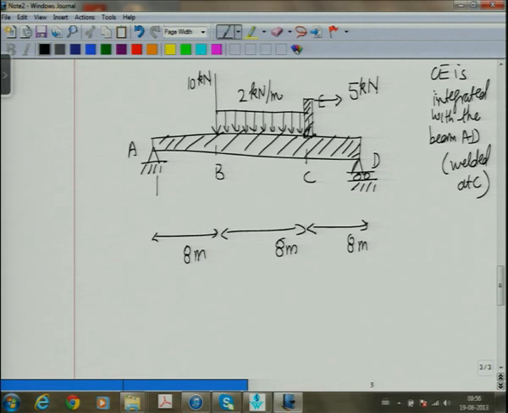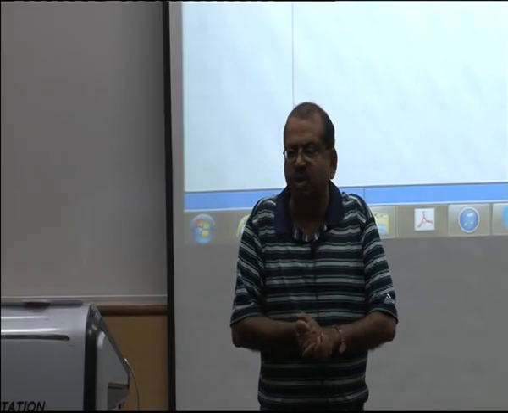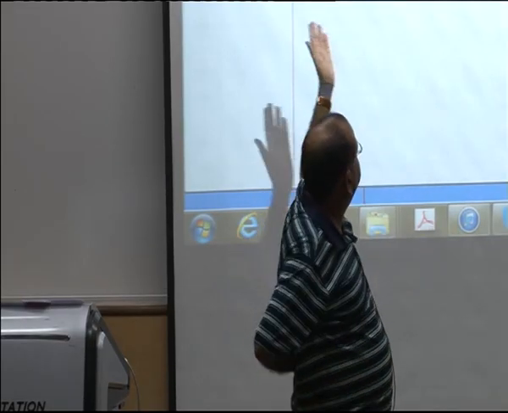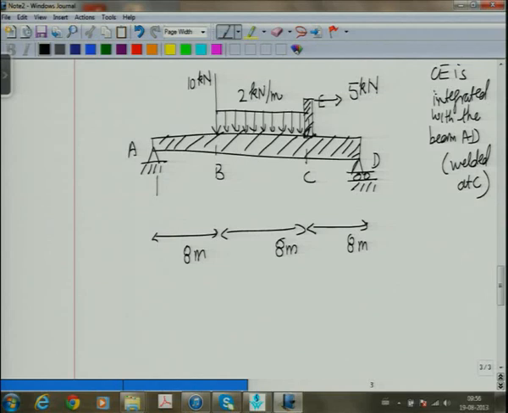There is a point force of 10 kilonewtons. On the extended part C of the beam there is a horizontal force of 5 kilonewtons, and there is a uniform loading of 2 kilonewtons per meter from B to C. On the left end there is a pin support, on the right end there is a pin support with rollers. We are asked to draw the shear force and bending moment diagram, or write the equations for shear force and bending moment for the whole beam AD.